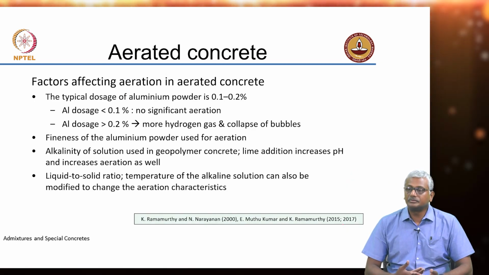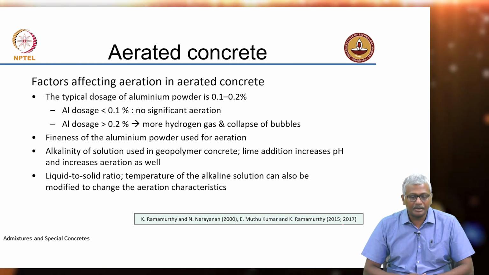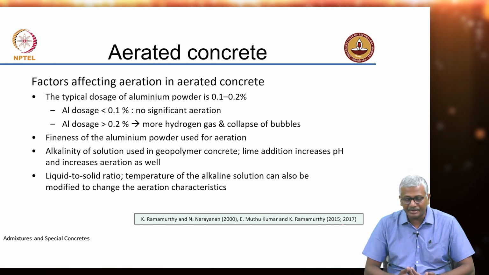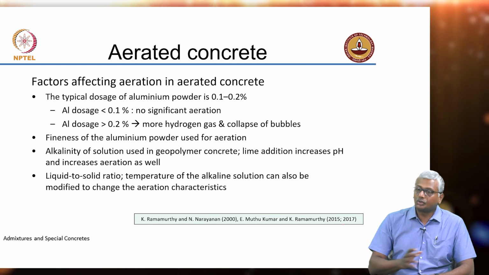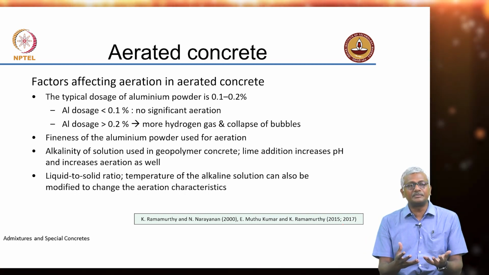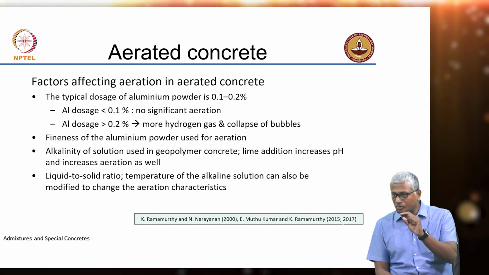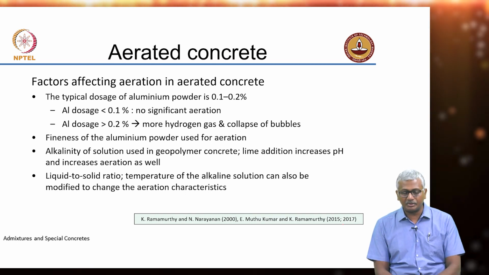So, again you need to pay attention obviously to the magnitude of the aluminum that you add. If you have dosage less than 0.1%, you do not really get deviation. At dosage of more than 0.2%, you generate too much air in the system. And if you generate too much air in the system, the bubbles are not going to be stable, they will start breaking. The bubbles have to be of a proper size to be properly entrapped and remain stable in the system.